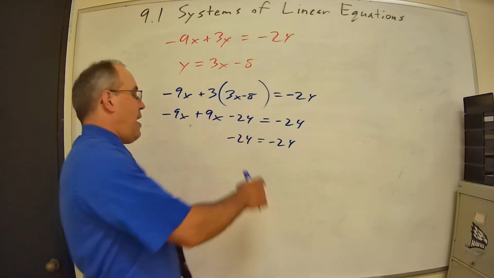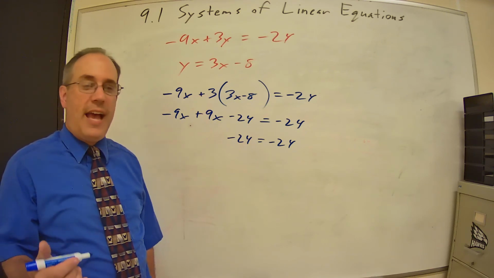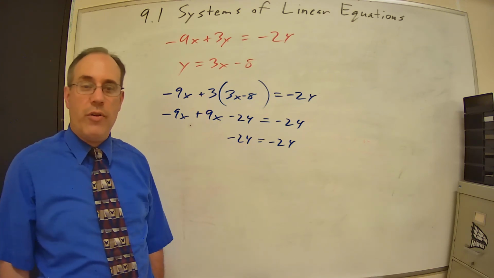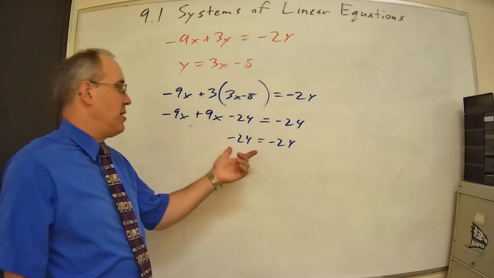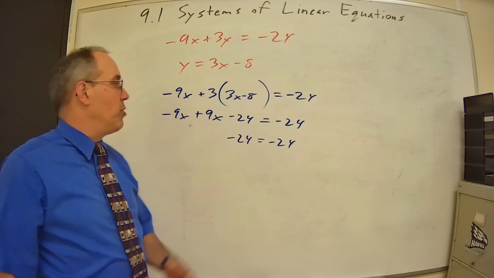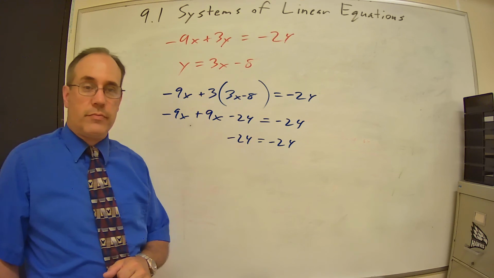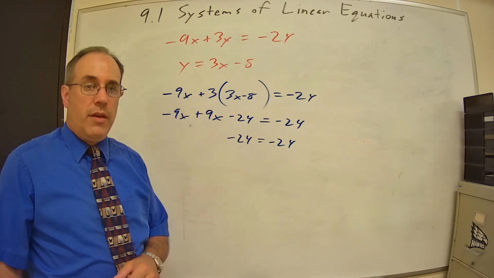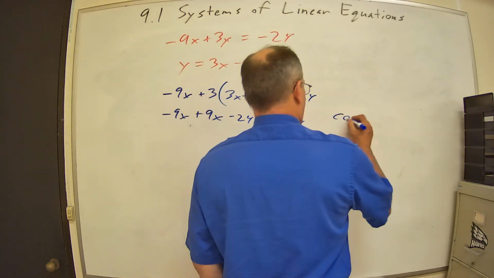But what just occurred is we came out with a true statement. We didn't find out that x was equal to some value or that y was equal to some value. We found out that some number was equal to itself. We may have gone through and solved and found that x was equal to x. So what does that mean? Well, that means we have a consistent system.